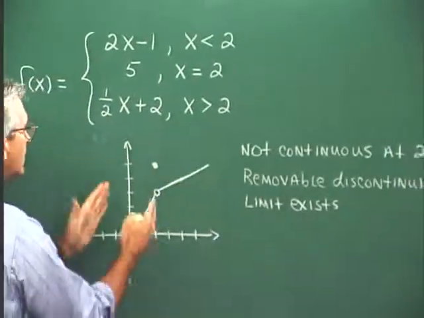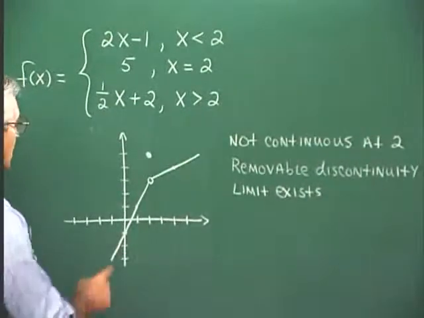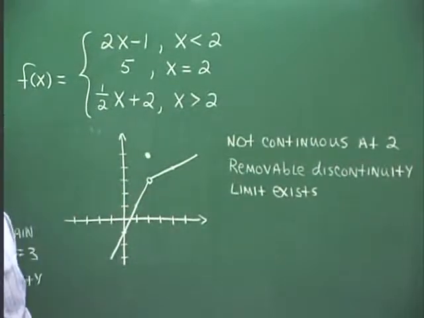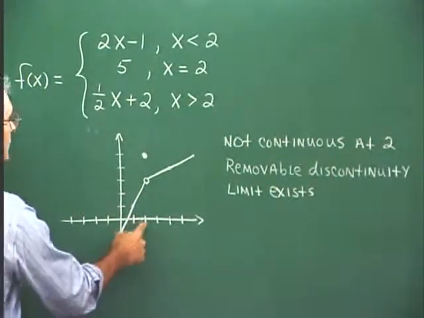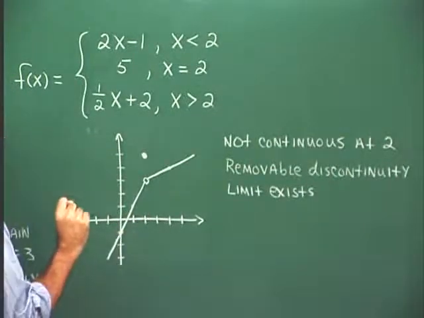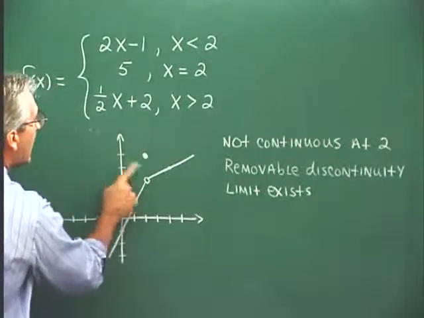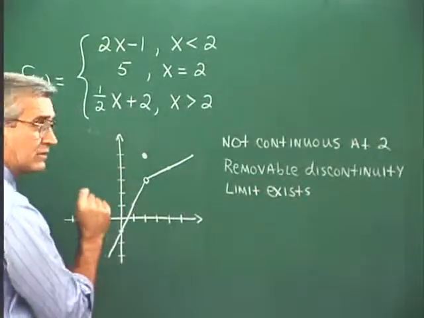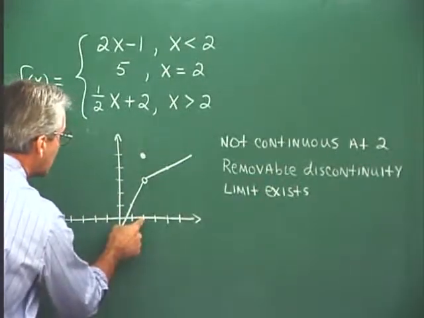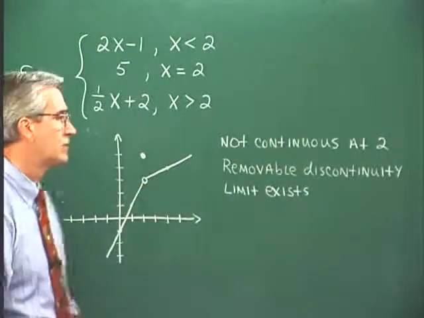That's all well and good. We're really concentrating our thoughts on this place where the hole is in the graph. So it's not continuous at 2. It's a removable discontinuity because we could redefine this point to be right here to fill the hole. And the limit certainly exists. The limit as x approaches 2 certainly exists in this problem.